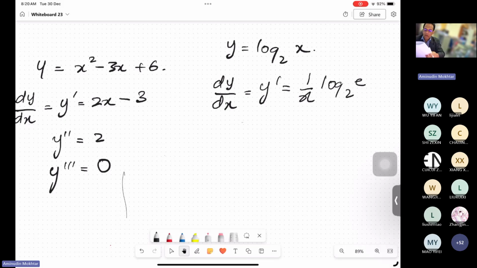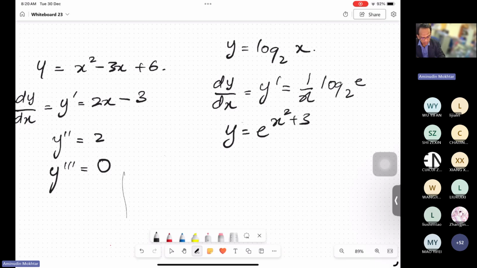And for an exponential function, let's say we have y equal to e to the power of x squared plus 3.